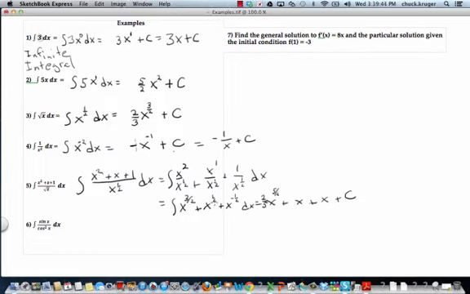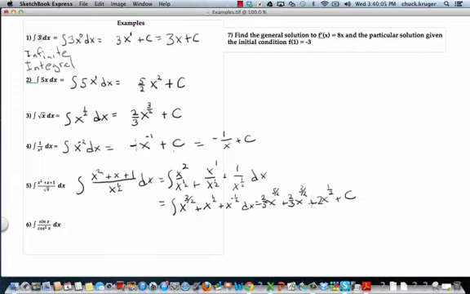I'm going to add 1 to 1/2. That's going to give me 3/2 multiplied by the reciprocal, and I get 2/3. Add 1 to a negative 1/2. That's going to give me 1/2 multiplied by the reciprocal, and I get 2 here.